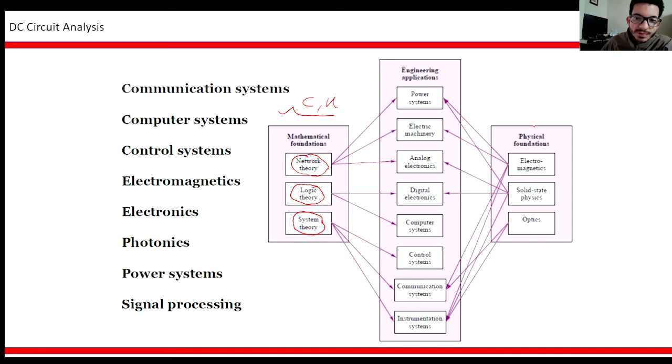Then you have the physical conditions, which is reality, which you do by experiments, by tests, and this is both in industry and in academia, so university and college. So physical foundations are electromagnetics, solid state physics, optics. You can also add more stuff here.